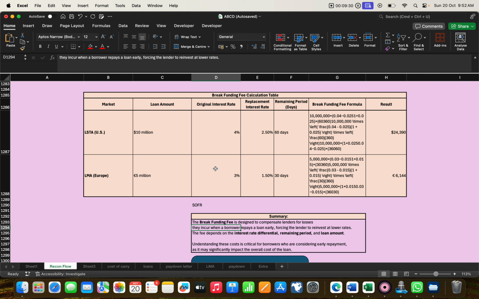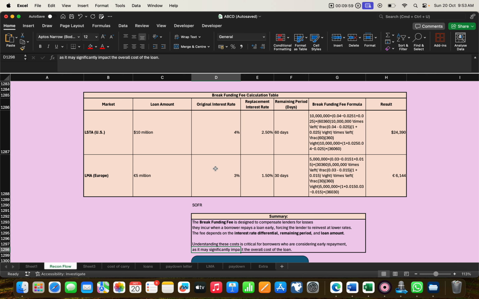So that's why the borrower has to compensate the lender with this break funding fee. The fee depends on the interest rate differential, the remaining period, and the loan agreement. Understanding this cost is critical for a borrower who considers early payment, as it has a significant impact on the cost of the loan as well.